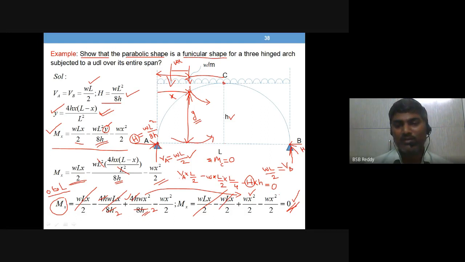So the bending moment is 0. The condition is that you should have a parabolic shape with UDL on it. So the load is restricted. For other loads, say if you have a point load somewhere here, this statement is not valid. Okay. So this is only if you have a parabolic arch with a full UDL, then the bending moment is 0 in the arch. That means funicular shape.